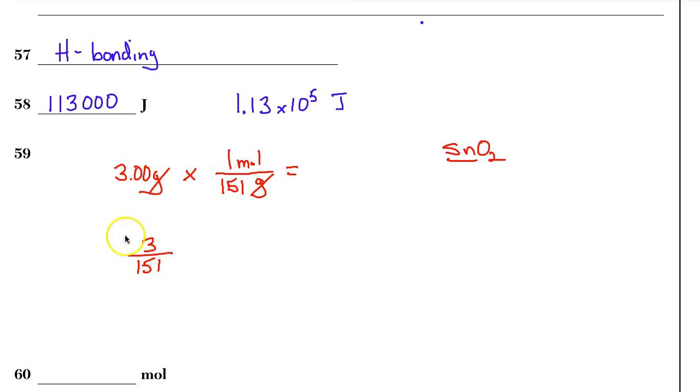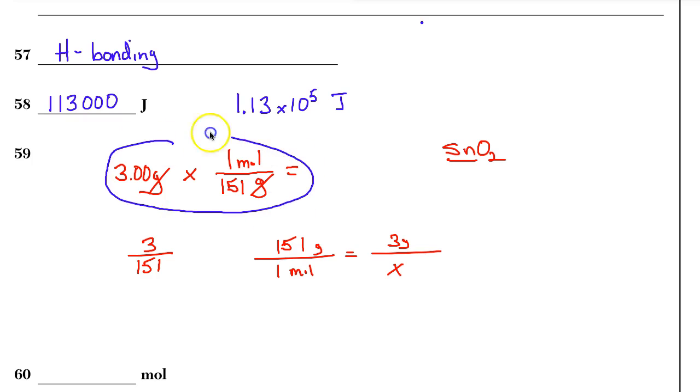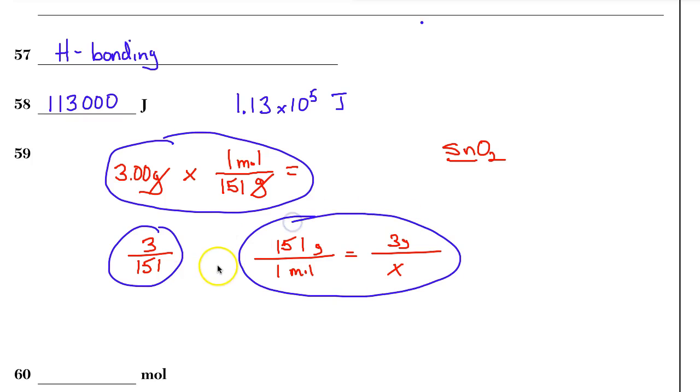But if you wrote a proportion like this, 151 over 1 mole, I'm not a big fan of this, but this would give you the right answer nonetheless. In this case, 3 grams equals X. Okay, so that would also give you the right answer. So which one you use is up to you. I prefer this one, but the rest of these would be perfectly fine and acceptable.